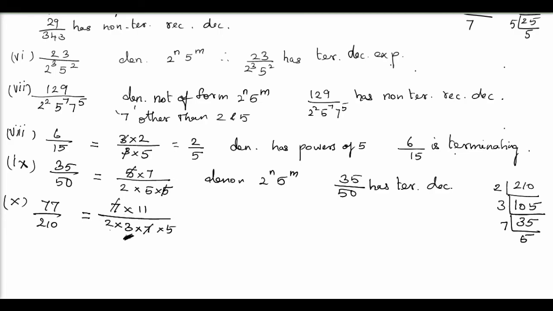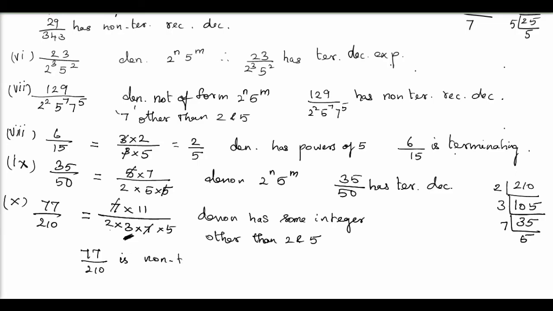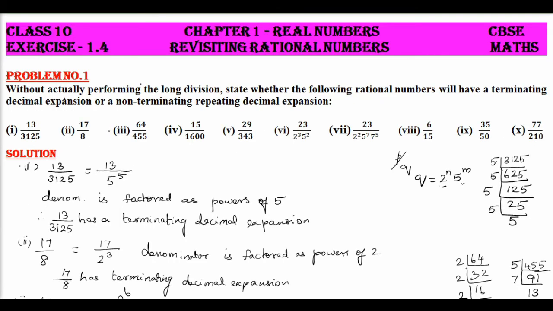Other than 2 and 5 you have another integer, therefore denominator has some other integer other than 2 and 5. Therefore, we conclude the given number 77 by 210 as non-terminating recurring decimal.